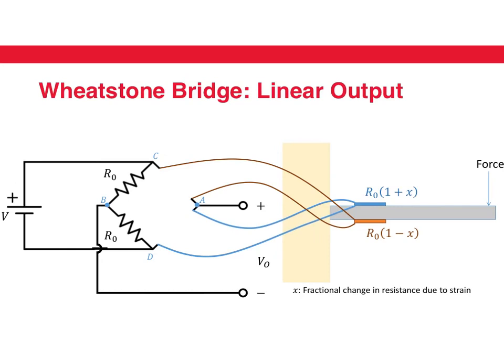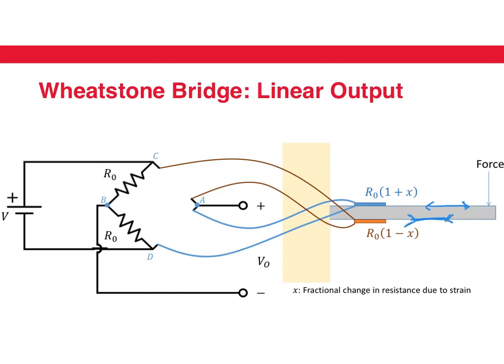Instead of connecting another strain gauge in a place where there is no strain, as we saw in the previous picture, we can connect a strain gauge on the opposite surface to the first strain gauge. This surface experiences a strain in the opposite direction to the top surface. When the top surface is expanding, the bottom surface is actually contracting.